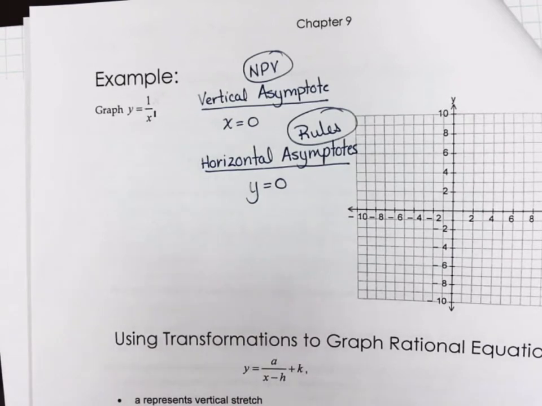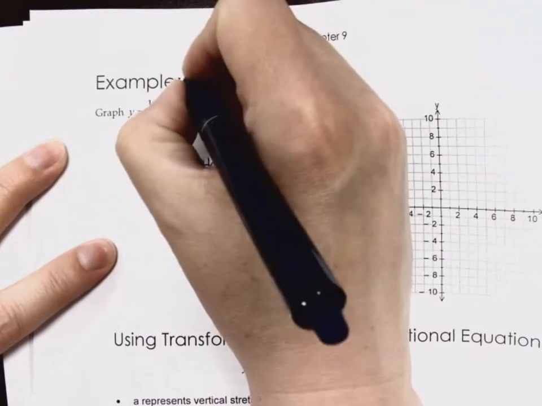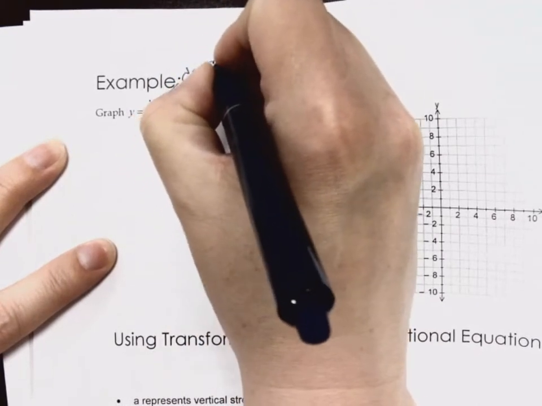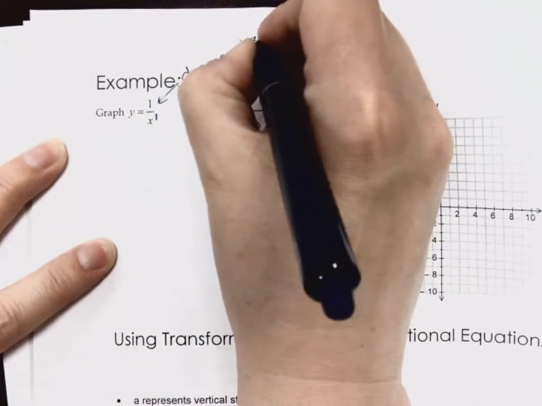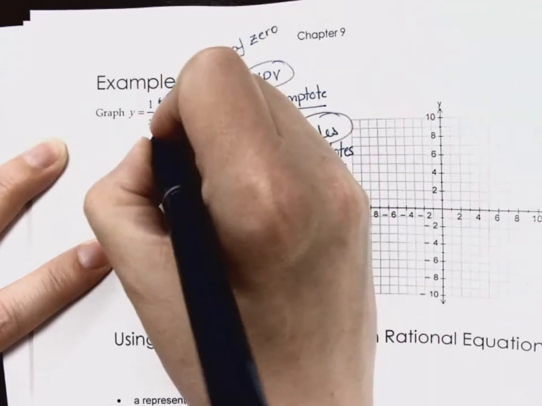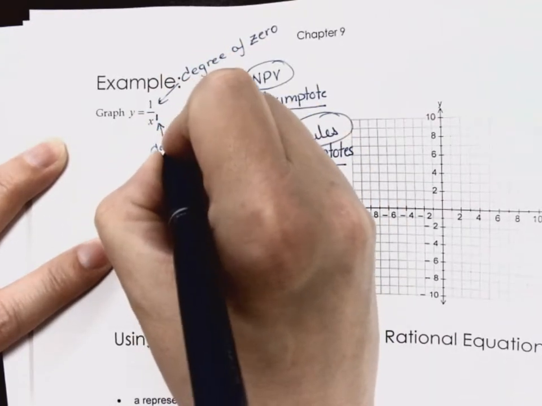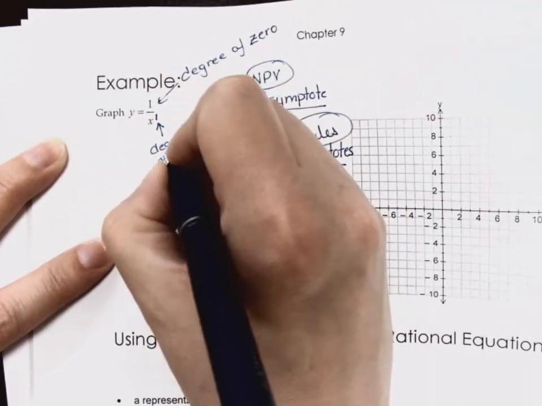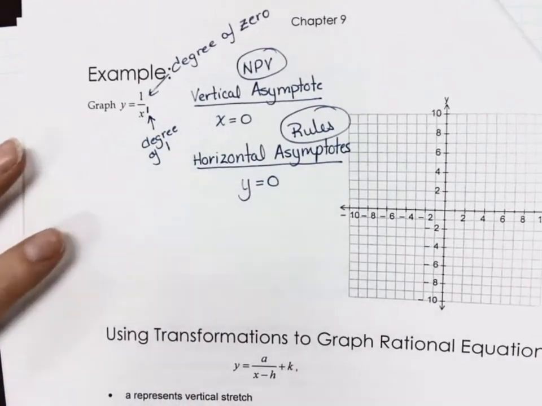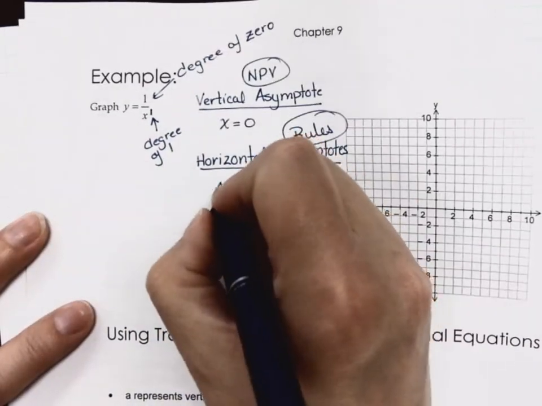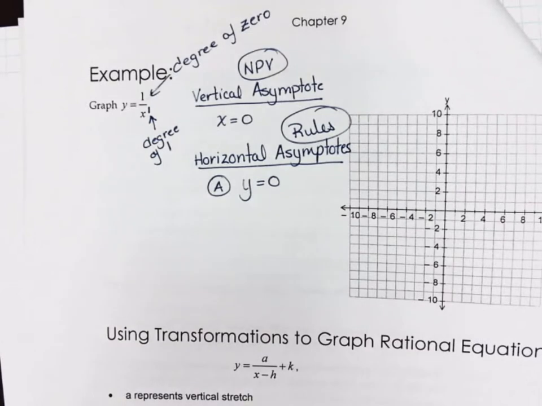So this is option A, because p of x has a degree less than g of x. So this has a degree of 0, and this has a degree of 1. So I'm just going to write A here, it's option A, so it's going to be y equals 0.